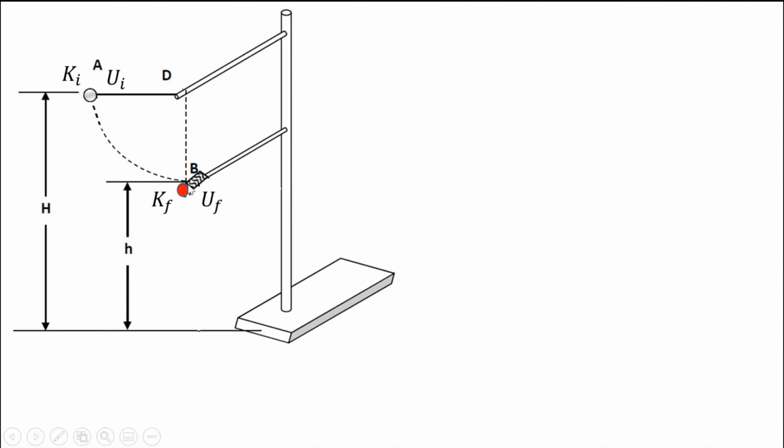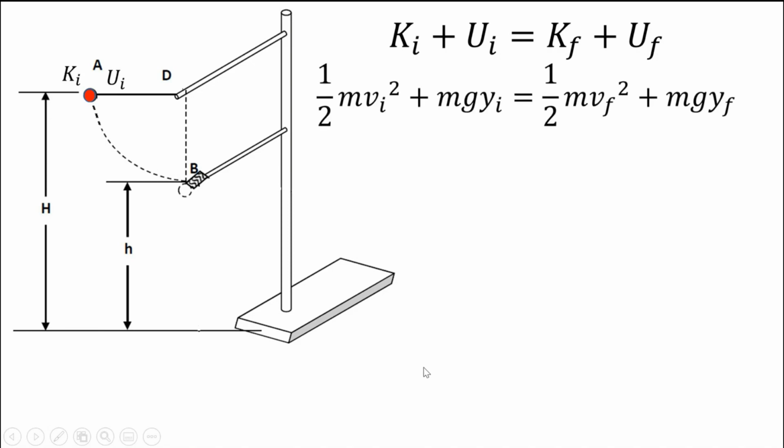So this is our initial point and this is our final point. If we go back to our initial point and use the conservation of energy formula, we have the initial kinetic energy plus the initial potential energy equal to the final kinetic energy plus the final potential energy. And remember, the formula of that will be this one, which is based on our discussion previously.